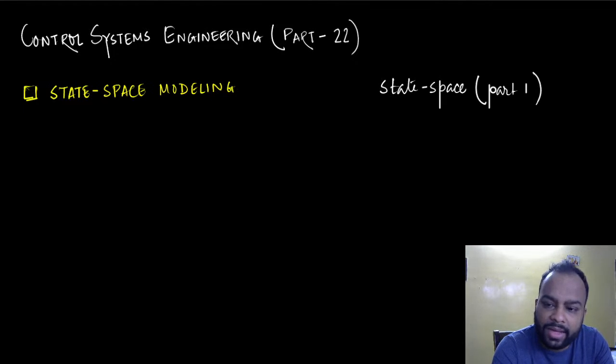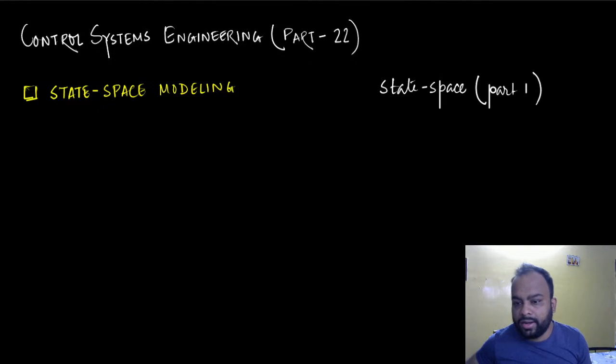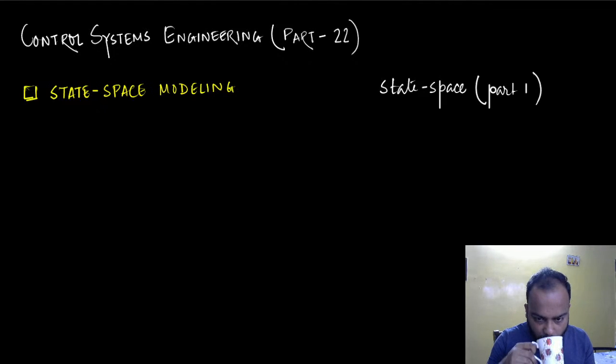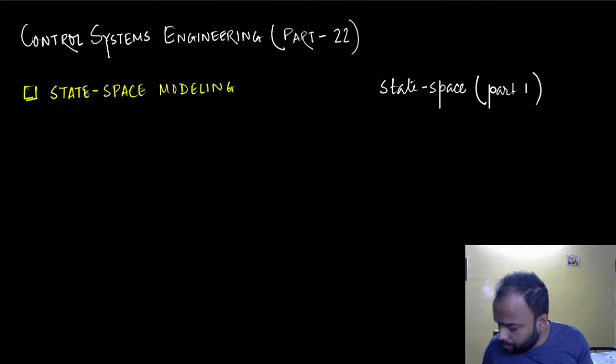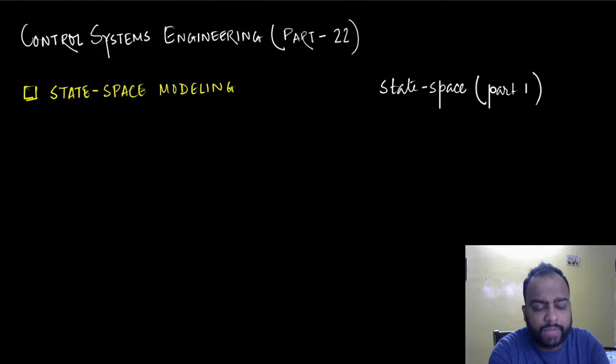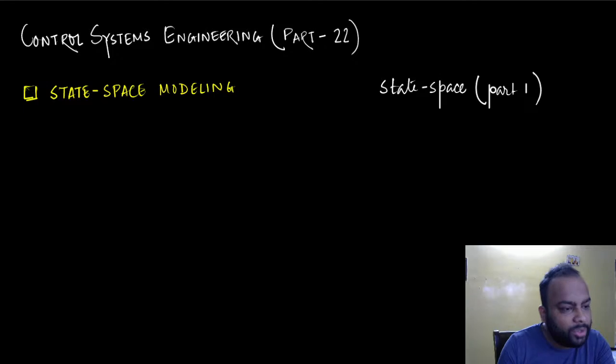And one of the mathematical modeling techniques that we employed was transfer function modeling, right? And we saw that transfer function modeling was an easy task as long as you understand Laplace transform and inverse Laplace transform. But on top of that, in transfer function modeling, you had quite a few assumptions, right? So let's write those down first.